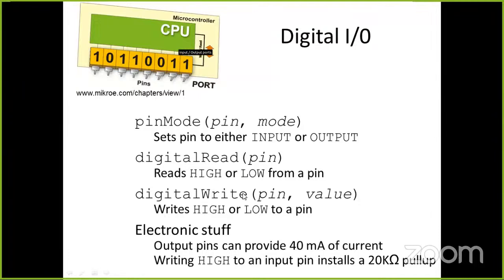If we want to give any output signal that is high or low, we can give it using digitalWrite, with the pin number and the value. Like earlier we wrote code for pin number 13 high and pin 12 high and low for the LED. This is the same syntax in C++: pin number and the value, which can be high or low.